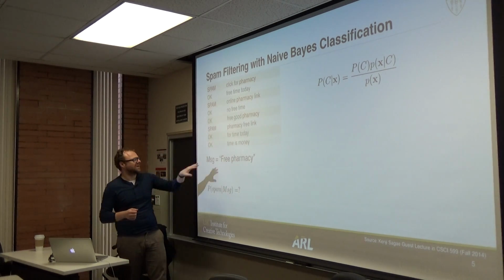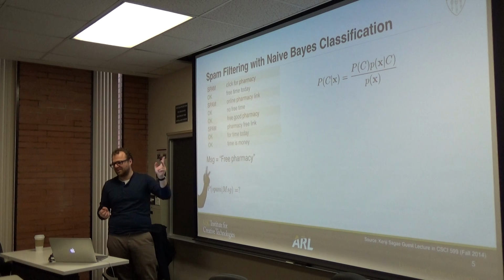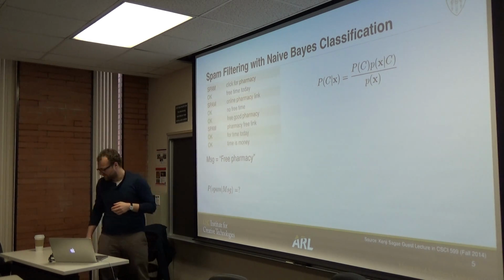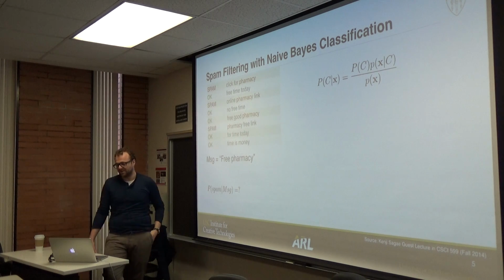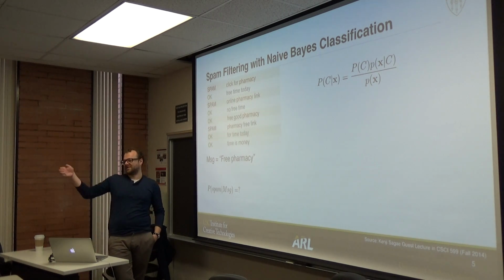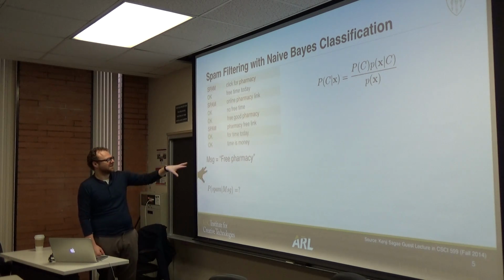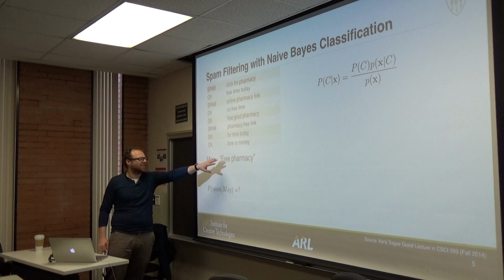So it could be "pharmacy free", that would be the same outcome. Obviously that is not really the case in human language, since there are dependencies between consecutive words. But anyways, in the naive Bayes approach, we don't consider that.